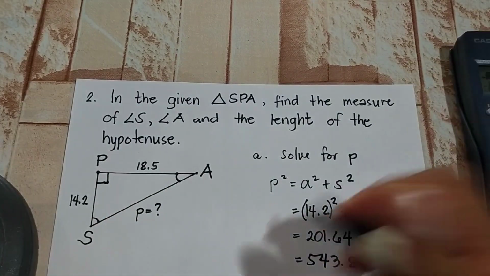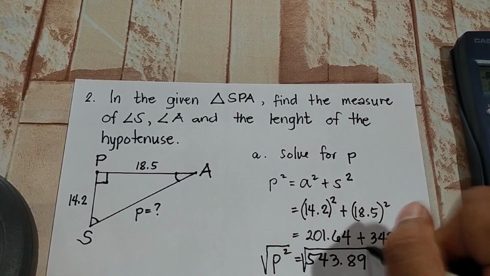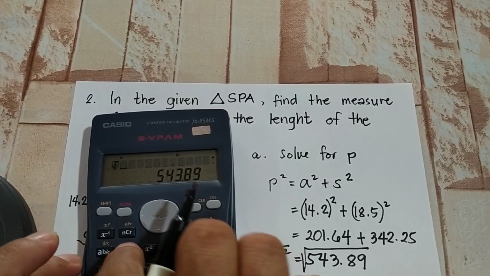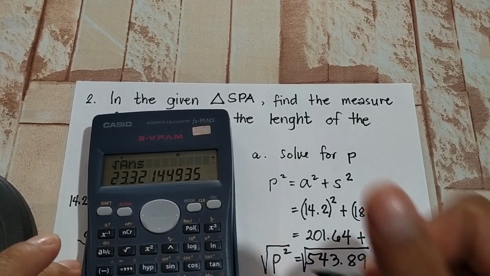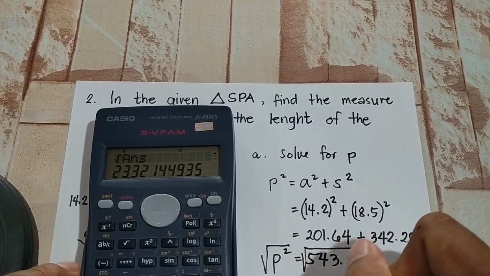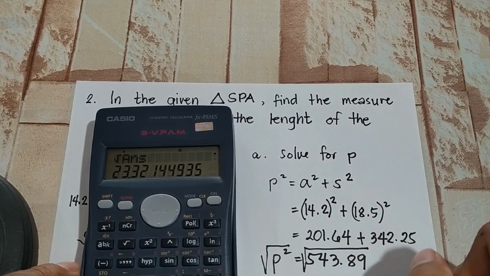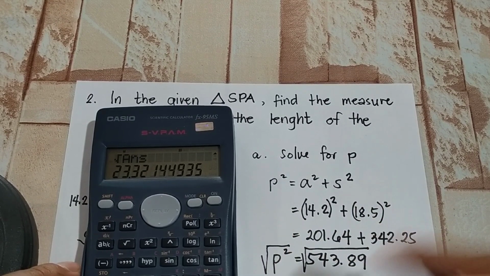So right here we have P square, take the square root. So P is equal to 23.32. That's the length of our side P.